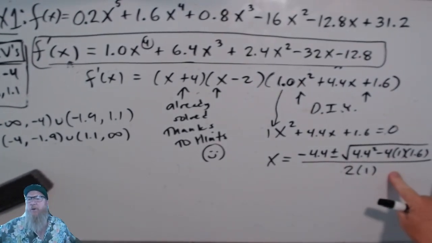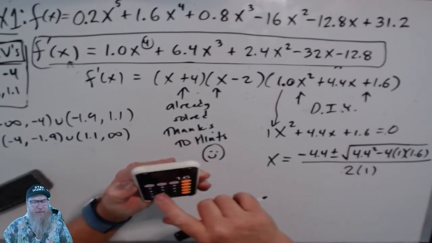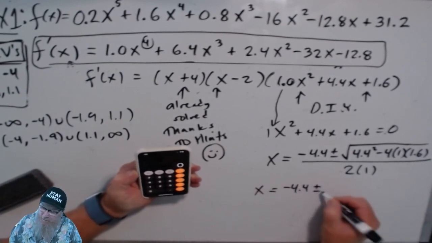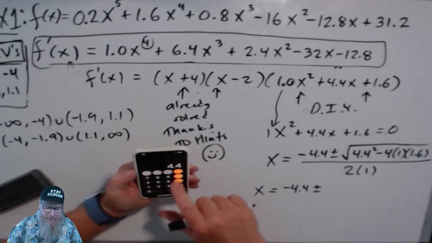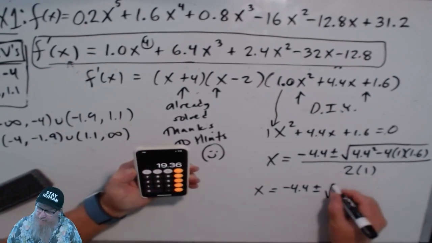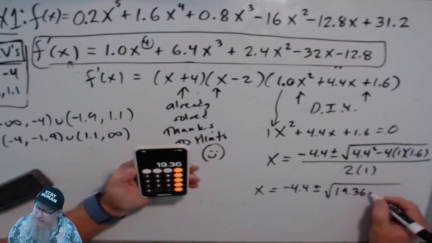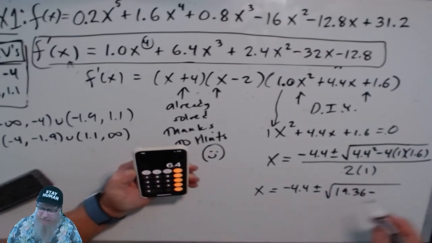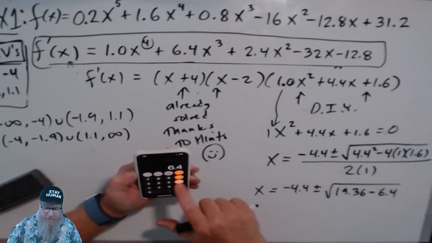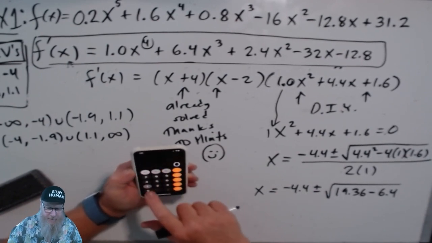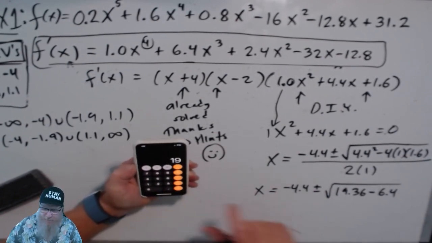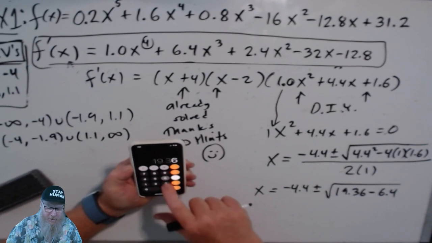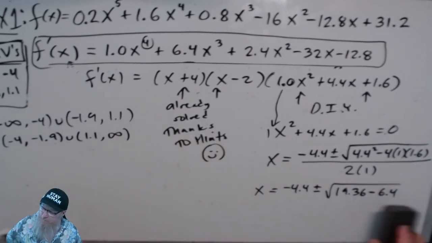So there's the quadratic formula. We've got negative 4.4 plus or minus the square root of 19.36 minus 6.4. 19.36 minus 6.4 is 12.96.